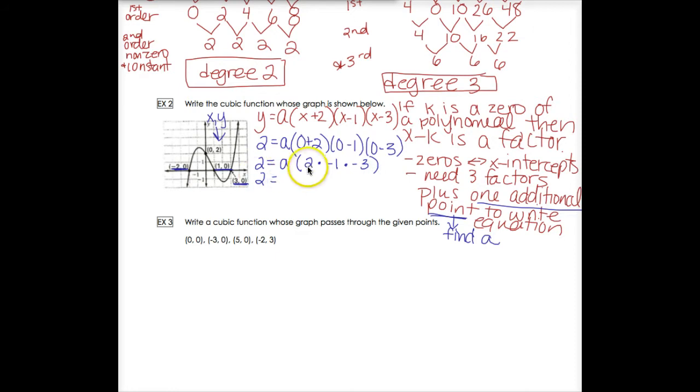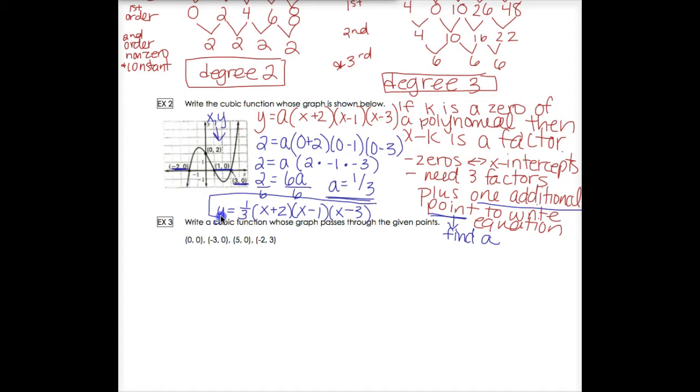So when I simplify that, 2 times -1 is -2, -2 times -3 is 6. So I've got 6a. So to get a alone, I'm going to divide by 6. A is 1/3. So that means now I can write my equation again because I've got the a to put in. So y equals 1/3 times x plus 2 times x minus 1 times x minus 3.